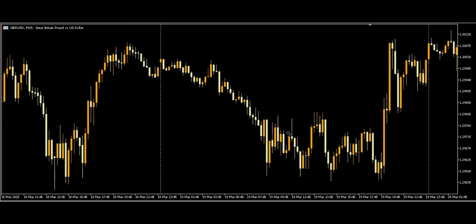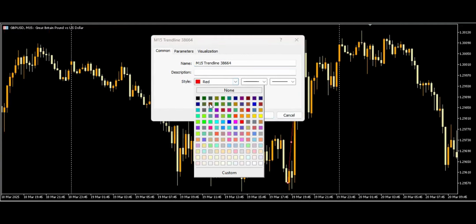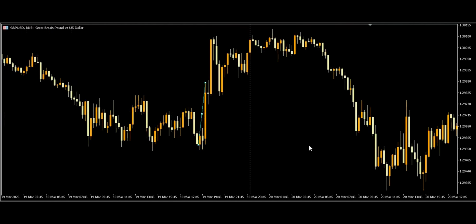So another example of an order block that I can present is, let's look for a bullish order block. So here we can see that price displaces up, and then after displacing up, it displaces back down there.